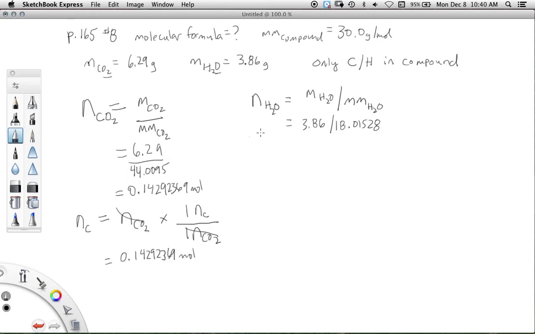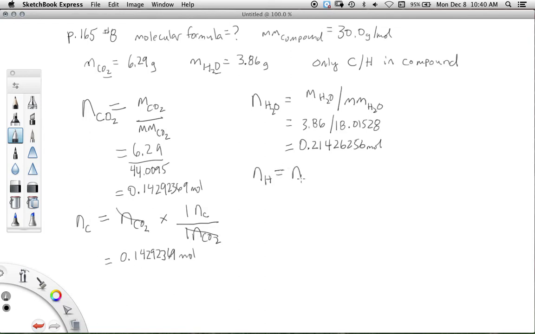That equals 0.21426 moles of water. But I don't want moles of water, because it has oxygen there that's not in my original compound. I want moles of hydrogen.